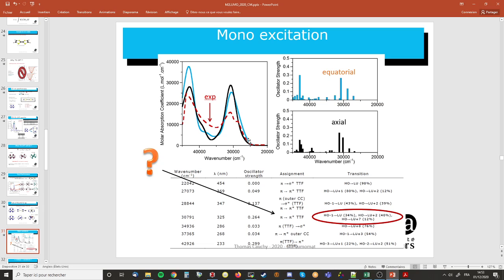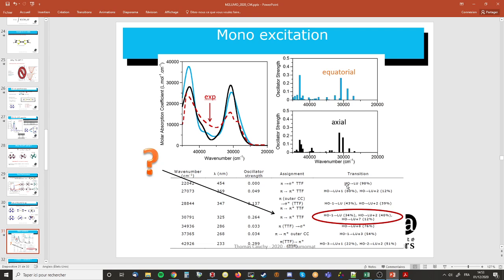But now, if you have the TD calculation, you can understand what is happening, and it correlates here in the transition. So, for example, this is not exactly the TTF. It's a derivative of a TTF.